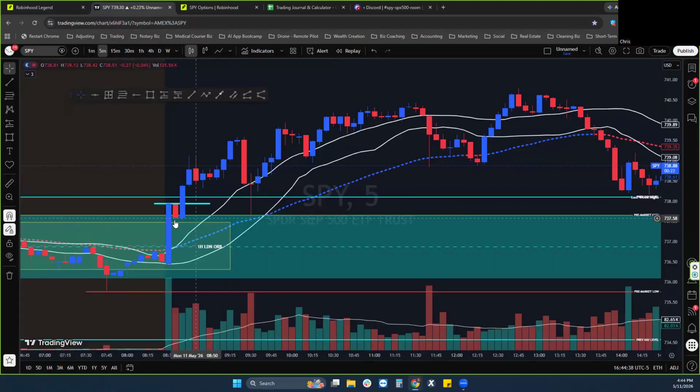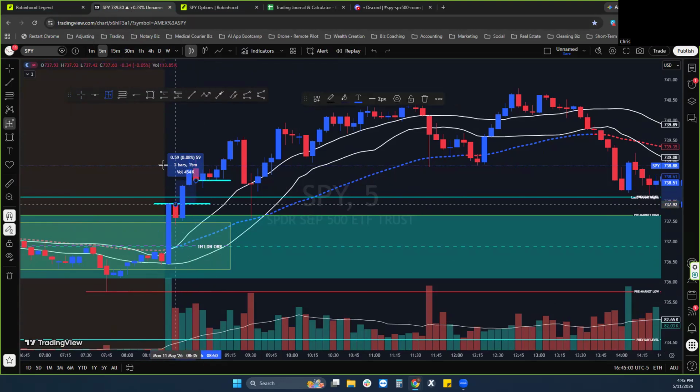8:55 is going to be around here. So if you see, this is a very late entry. Right here, this is a very late entry compared to where we should have gotten in. You'll see how much of a distance that is.